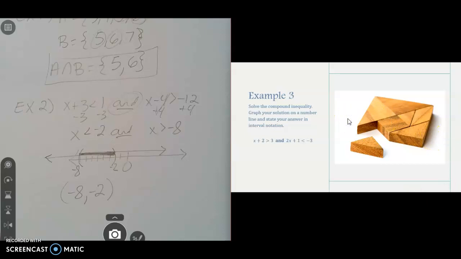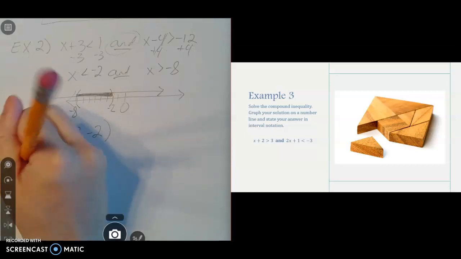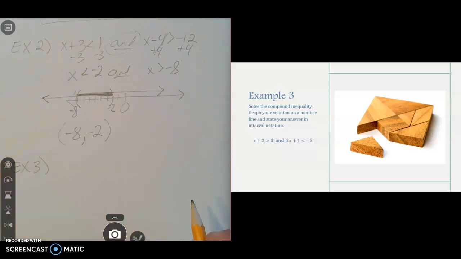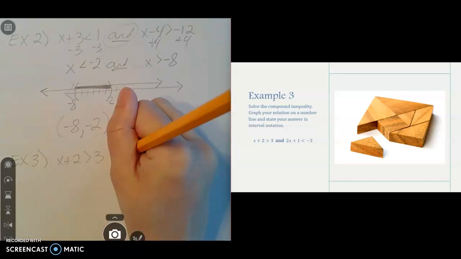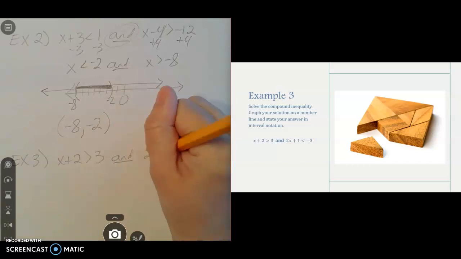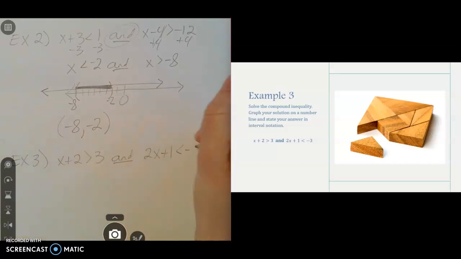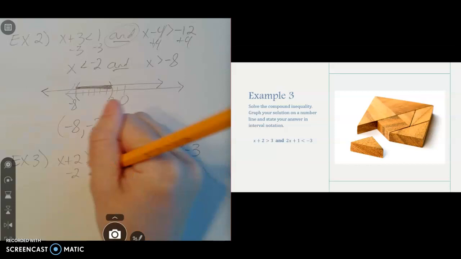Okay, let's try another one. Example 3. The two that I have for you are x plus 2 is greater than 3, and, so there's my keyword that it's an intersection, 2x plus 1 is less than negative 3. I'm just going to solve each one separately. For my first inequality, I'm going to subtract 2 from both sides.